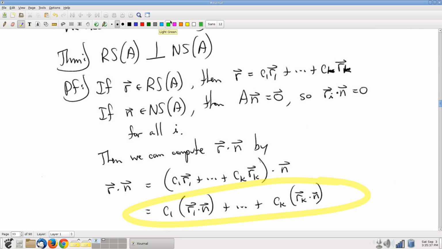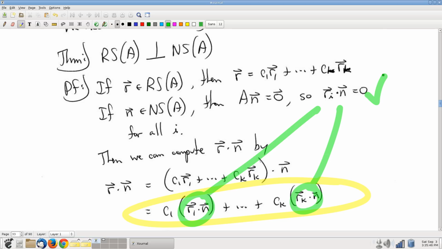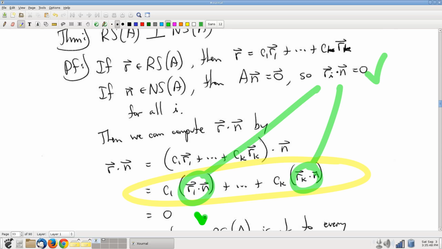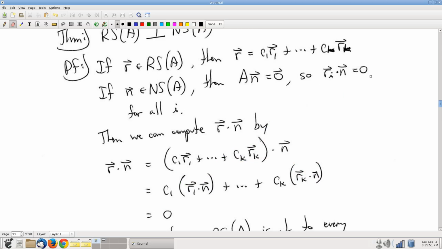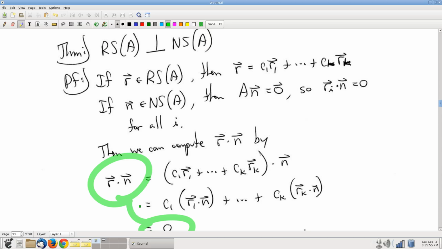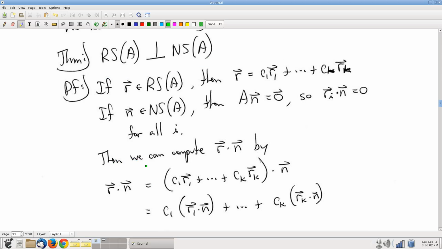And then I take advantage of the fact that that is clearly 0 and that's clearly 0. In fact, all of the remaining dot products in here are 0. And therefore I get 0. So as desired, these two vectors are perpendicular, and therefore these two vector spaces are perpendicular. Really interesting result. And again, shocking that two things that are defined in such very different ways would have such a strong relationship between them by virtue of being perpendicular.